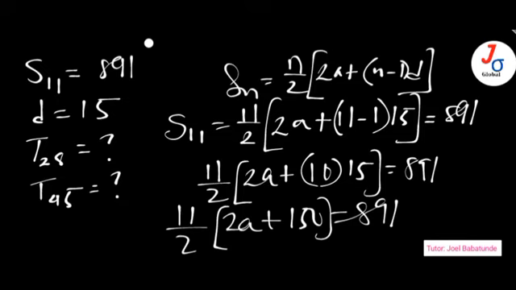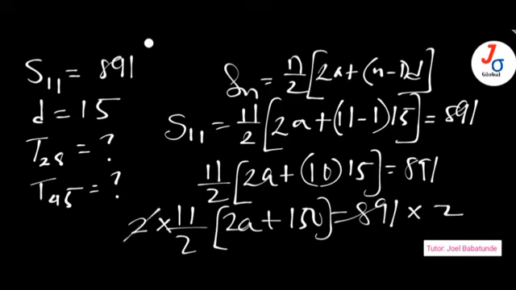Alright, so let's find the value of A. So I can multiply both sides by 2.